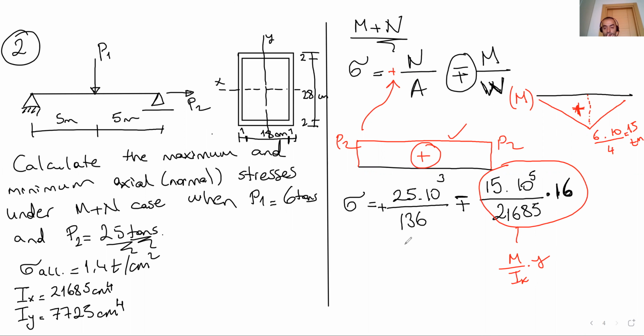So from here, if you make this calculation, sigma is, we will have two results for the minus side and the plus side, which is this, and the other one is, remember, this minus or plus is only regarding the direction of the stress.